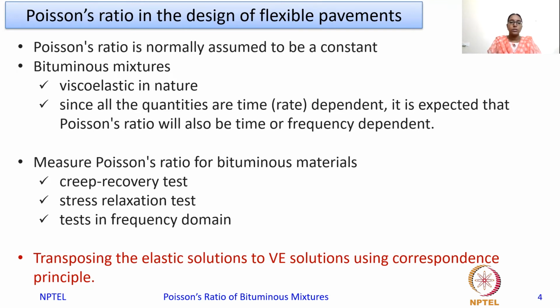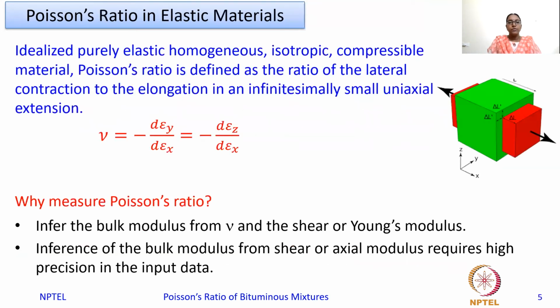So essentially what is done is, knowing the elastic solutions for various quantities or parameters, that will be transposed to a viscoelastic solution using a simple tool called the correspondence principle. Before going into the Poisson's ratio of viscoelastic materials, let's quickly see what is the Poisson's ratio for an elastic material and what are the various relations connecting the different elastic constants.